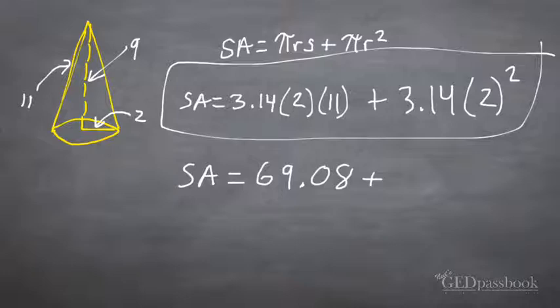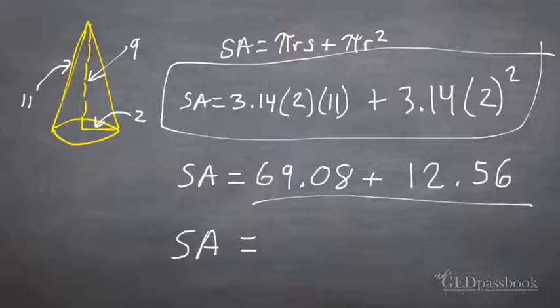Plus, what's 3.14 times 2 squared? 12.56. Now all we have to do to find our surface area is add those up. What's 69.08 plus 12.56? 81.64.